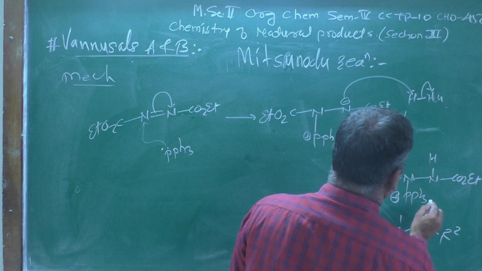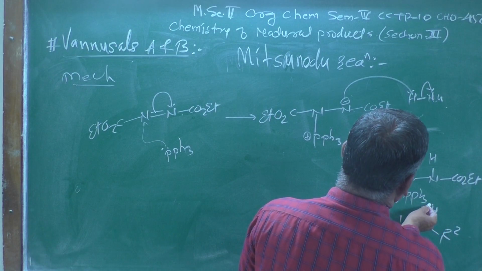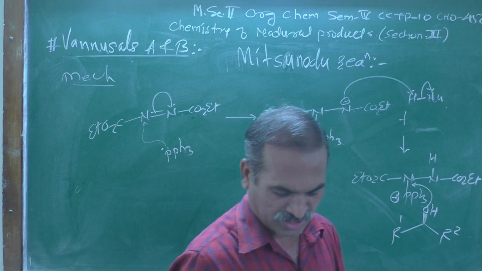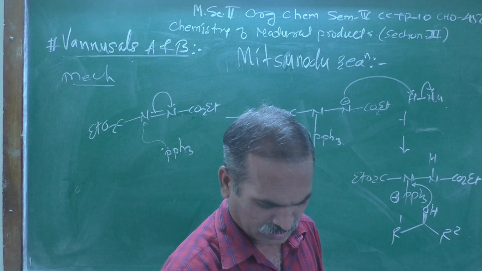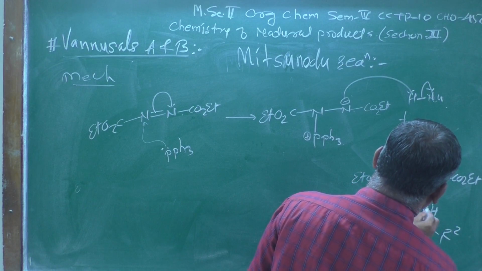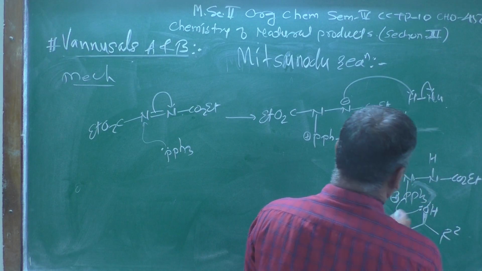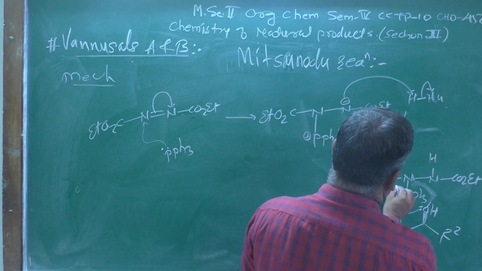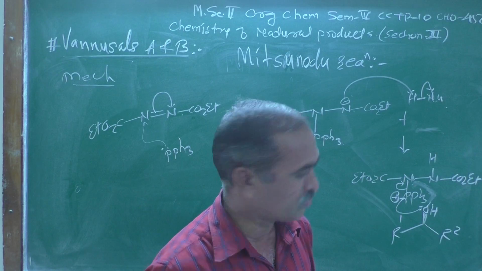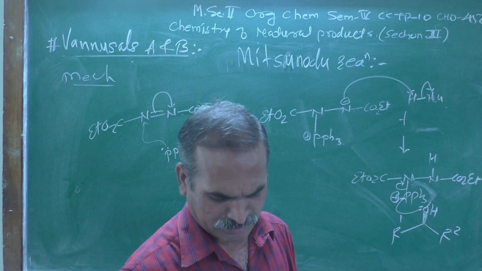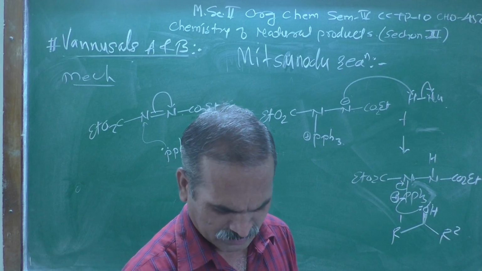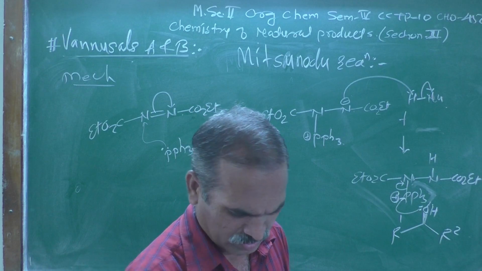Now this lone pair is going to attack on that phosphorus, not nitrogen, and the negative charge comes on that nitrogen.